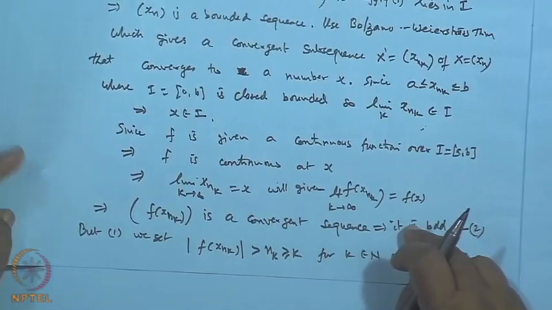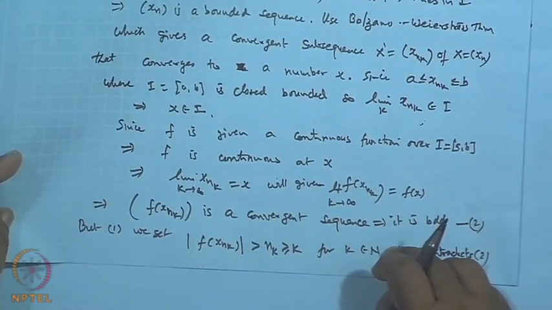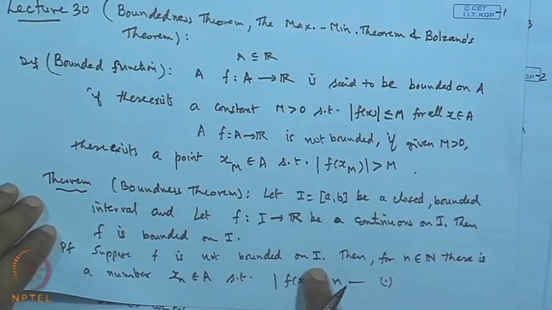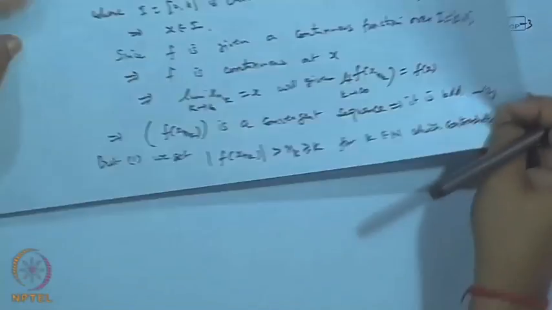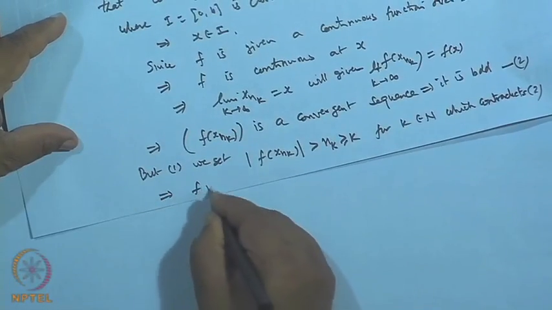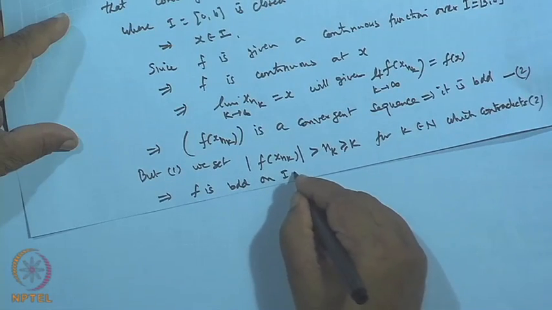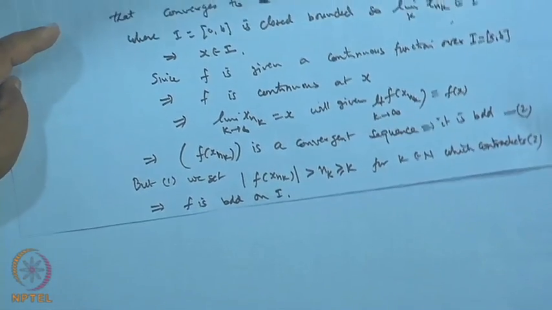So, it gives a contradiction, and the contradiction is because of our assumption that our function f is not bounded on I. So, this shows that function f is bounded on I, that is, on the closed interval. So, this proves the result which is known as the boundedness theorem.